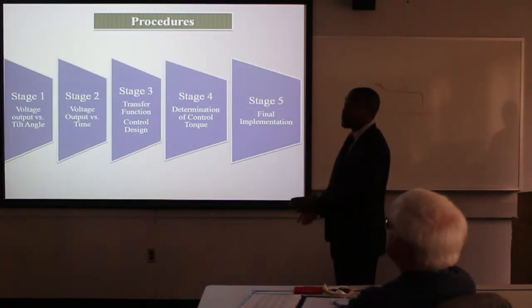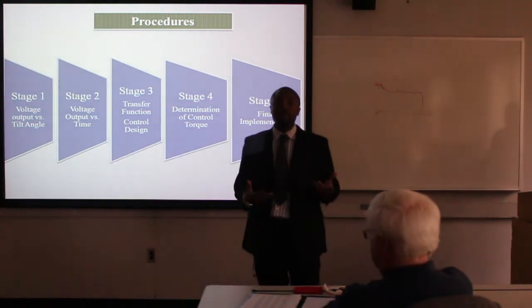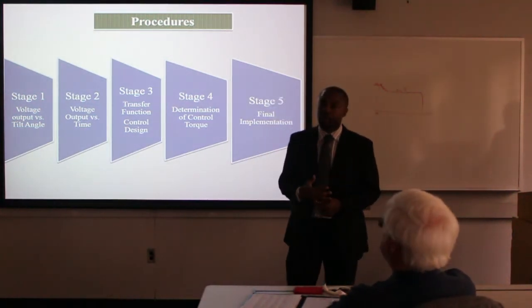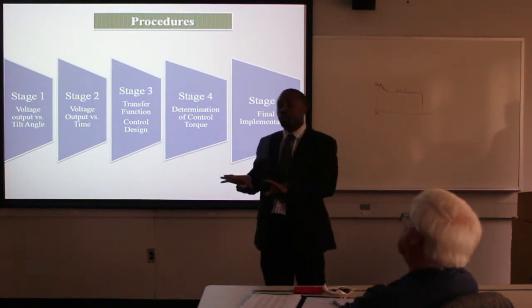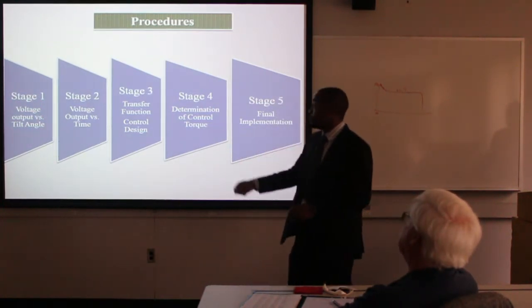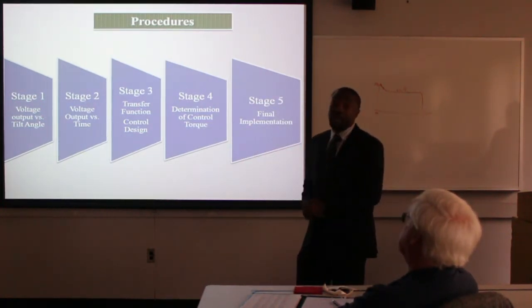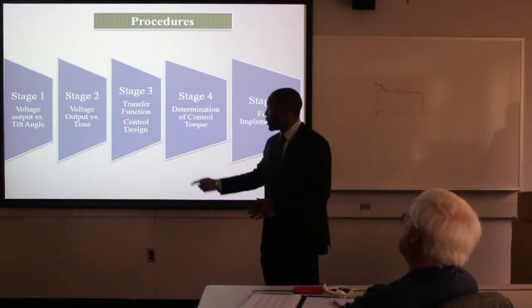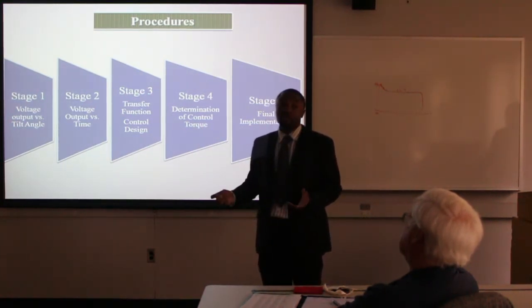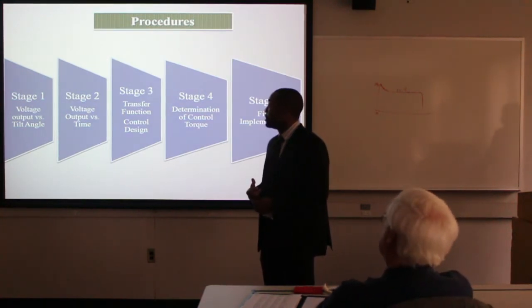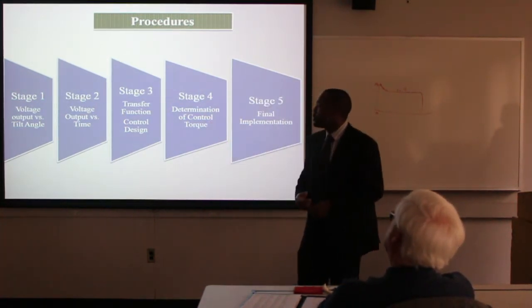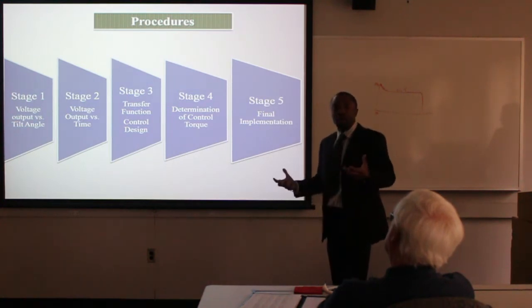Now the procedure. After calculating the center of gravity and the buoyancy and getting all the required mass to have a floating base, we moved on to understanding what was happening with the tilt sensor. So we get the voltage output versus tilt angle using the Arduino board and the program that we wrote before. Next, we tried to get the model of the system.